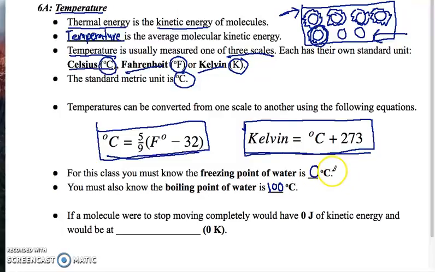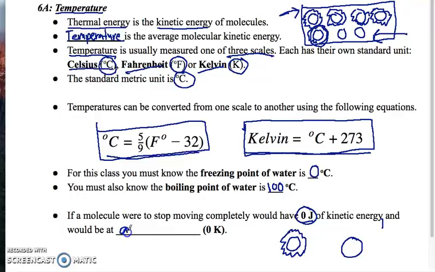And the last thing here is kind of a physics situation. It's kind of theoretical. But if a molecule were to stop moving completely, it would have 0 joules of kinetic energy. Let's just pause there for a second. All molecules are moving very slightly. It's hard to see sometimes, but they are moving. Theoretically, if you could get a molecule to completely stop moving, it would have no kinetic energy. It would actually have no temperature either.